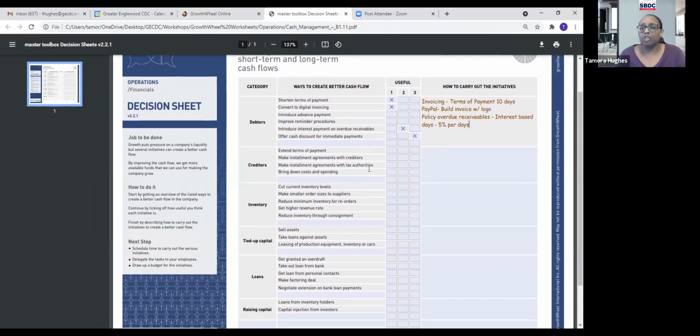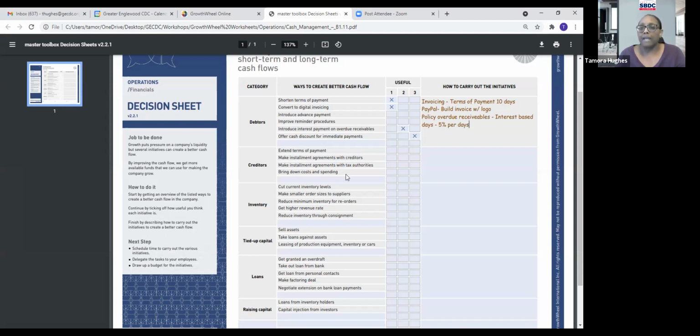That includes any kind of installment agreements with tax authorities, like if you owe taxes, and setting agreements in place for creditors and people that owe the company.